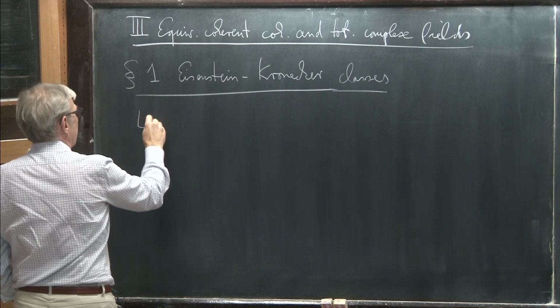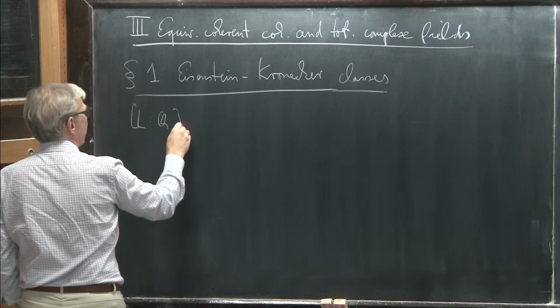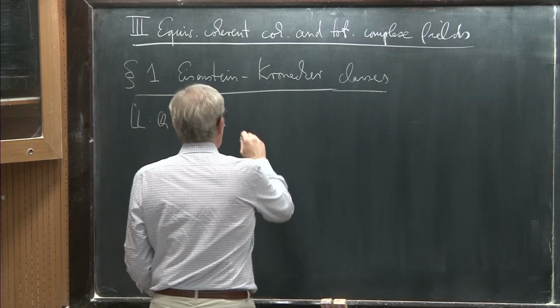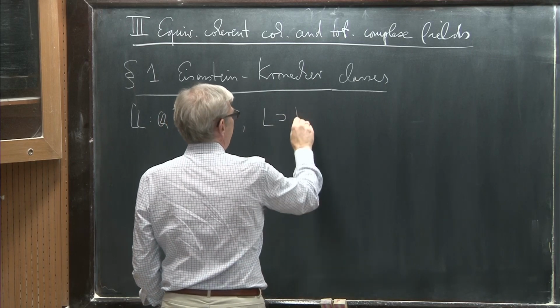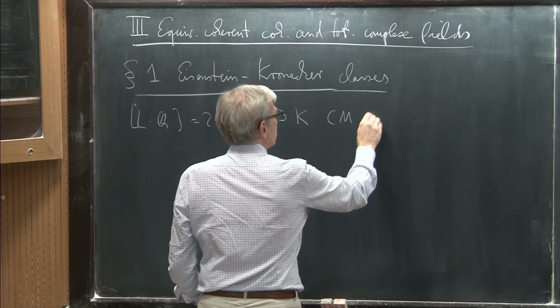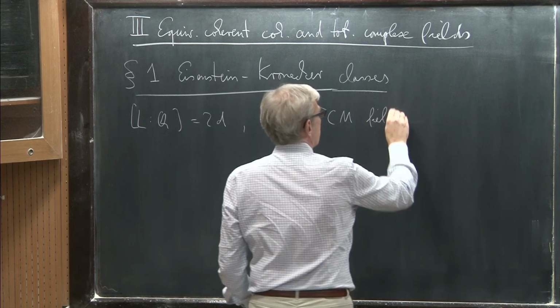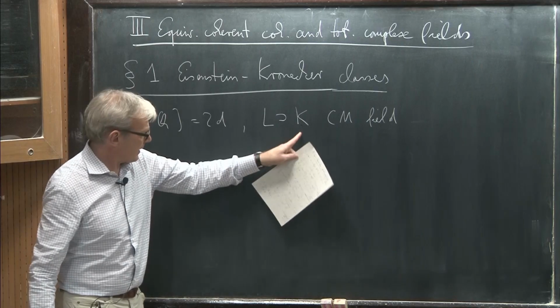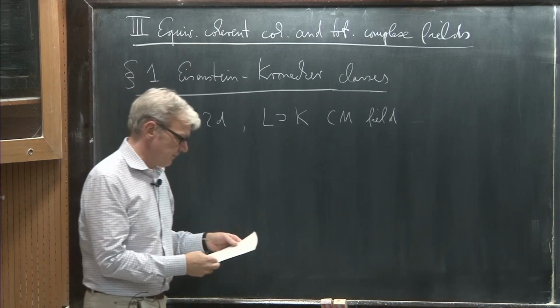So let's consider a number field L of degree 2D over Q, over the rationals, and it should contain a CM field. As I said, this is a totally imaginary quadratic extension of a totally real field.